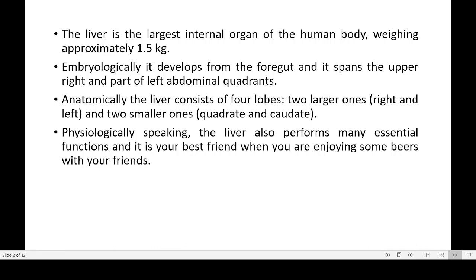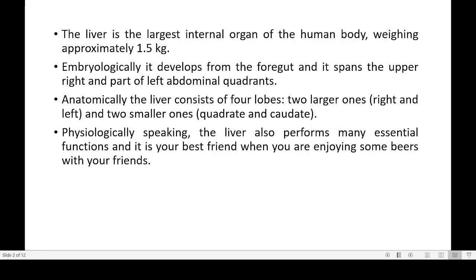Some organs develop from the foregut, some from the midgut, and others from the hindgut. The liver develops from the anterior portion of the gut. That is why it develops from the foregut.